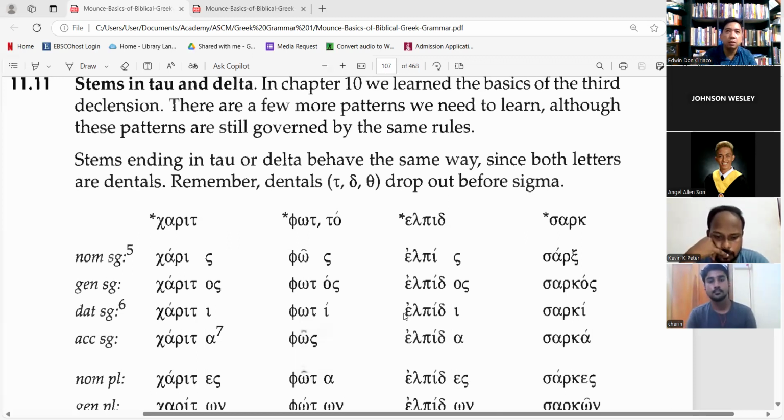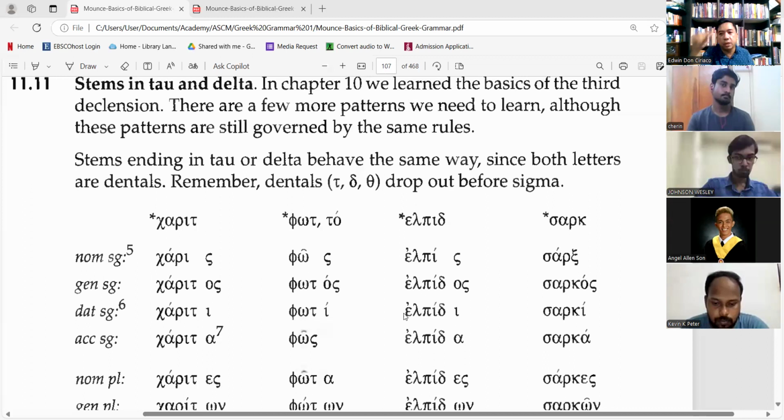So notice the omicron sigma is still being used. And then chariti. Remember, there is an iota subscript. Now it's no longer a subscript; it is now part of the word formation. For example, it's omega and then an iota subscript. Now it's just the letter iota.